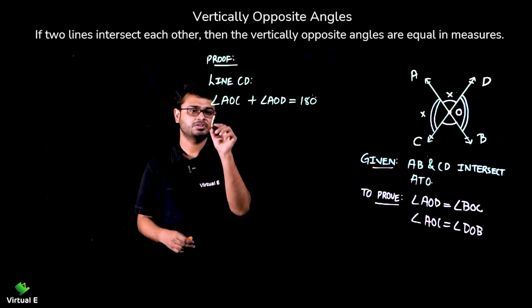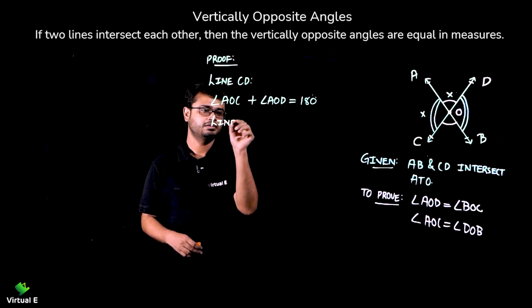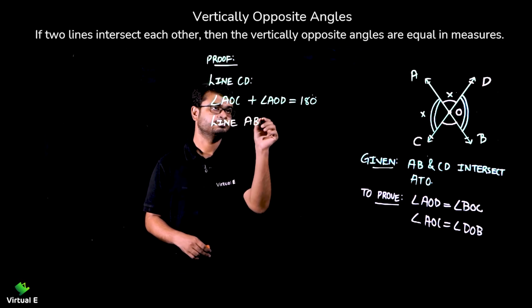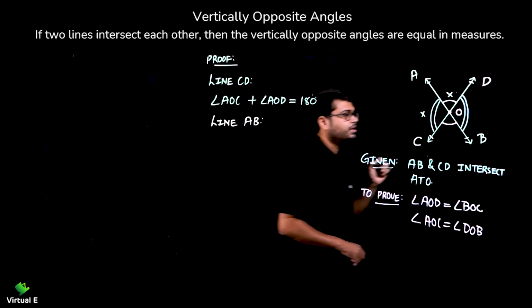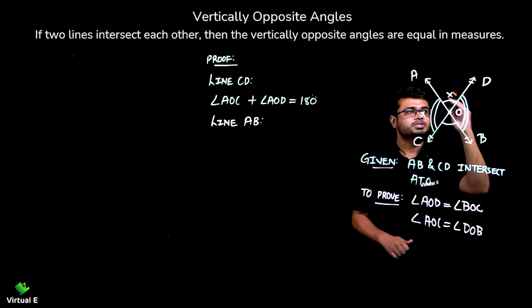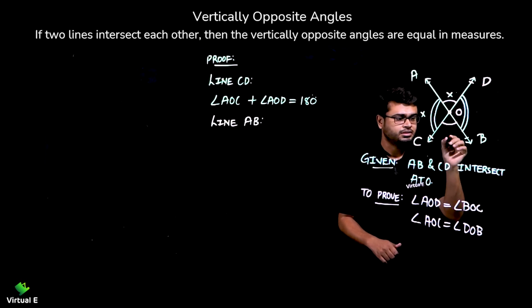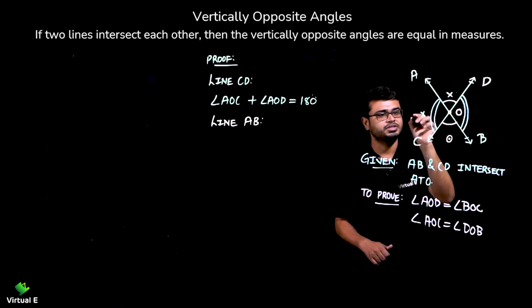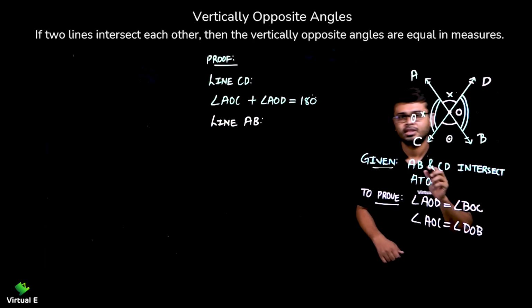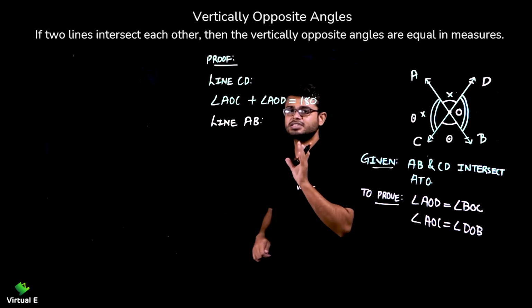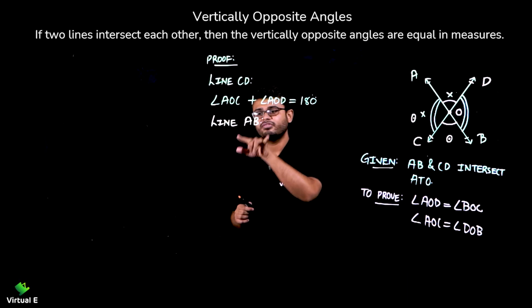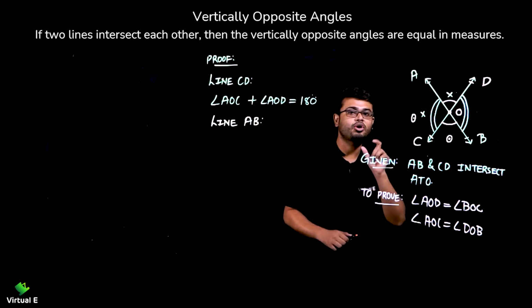Now let's talk about line AB. In this case, we are not going to talk about these two angles, but about this and this angle. You need to take the angles in a manner that both pairs have at least one common angle.